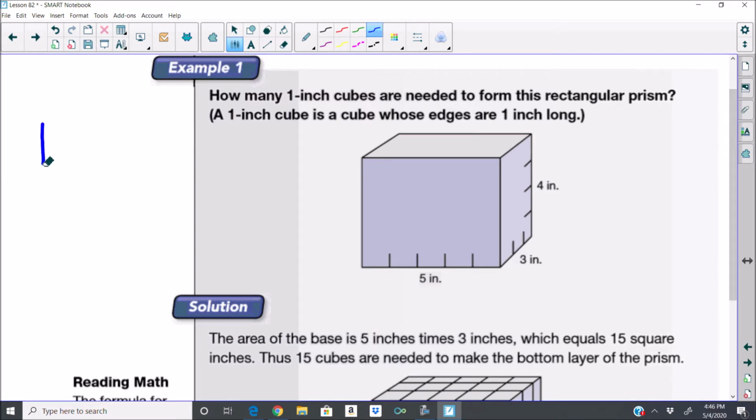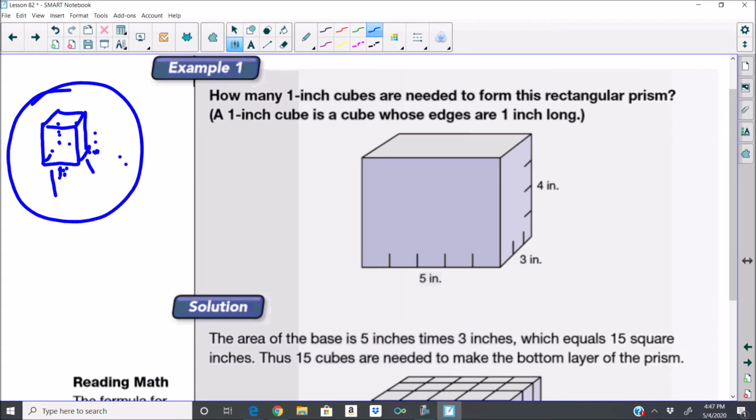So we're going to take this little cube here and imagine that every one of the edges is 1 inch. So we have 1 inch by 1 inch by 1 inch on this cube. How many of those can we fit inside of this thing?